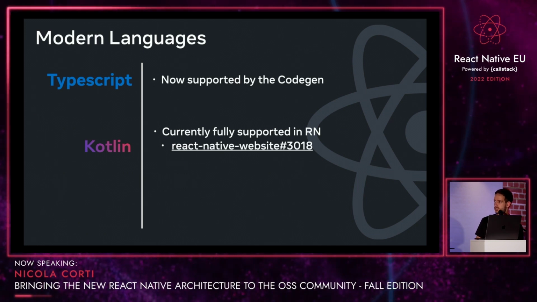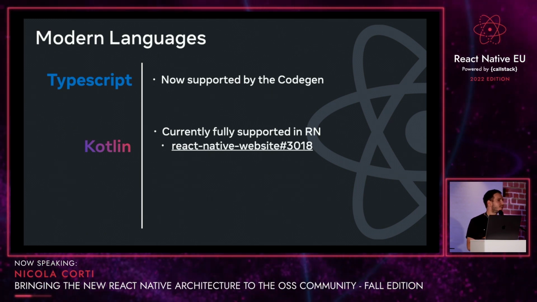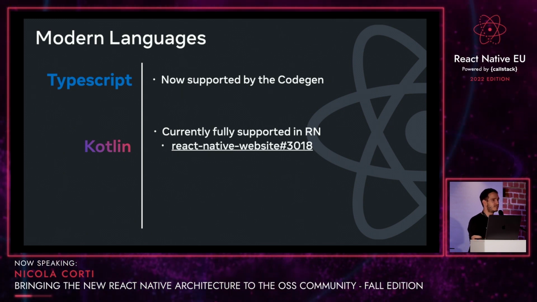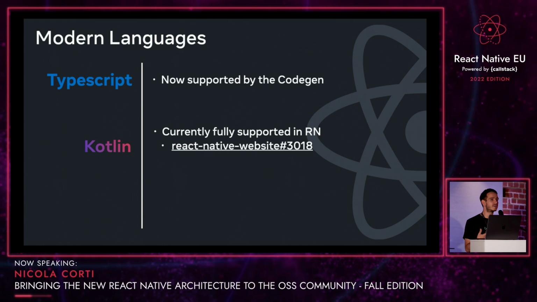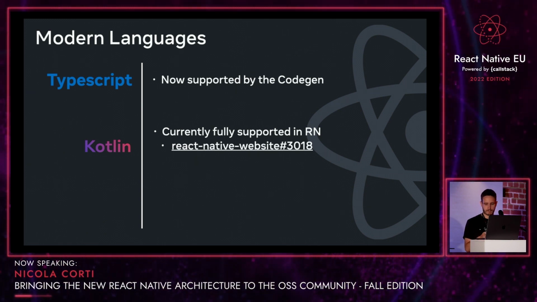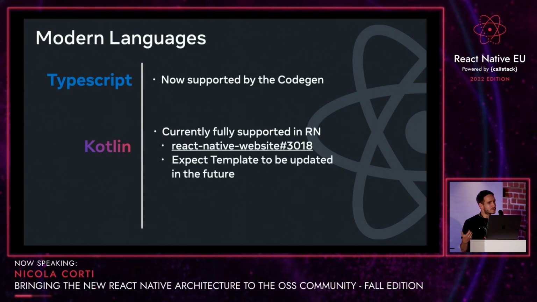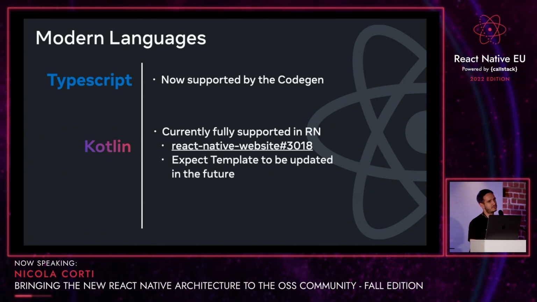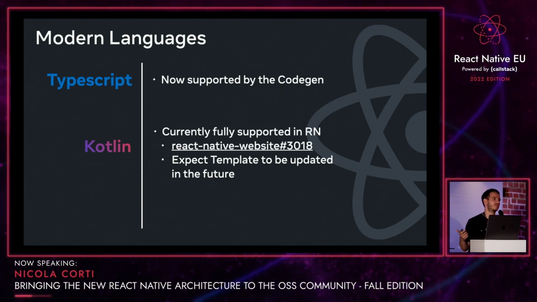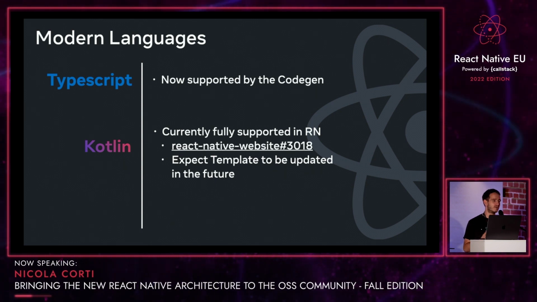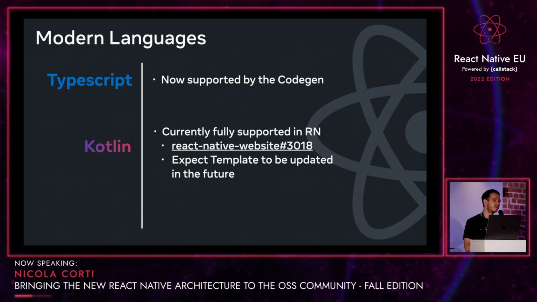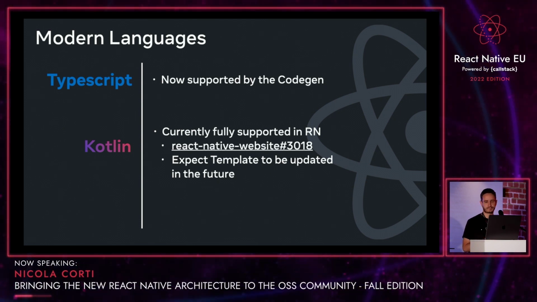Here I linked an issue, which is an umbrella issue where you can contribute and update the last pages which are missing, which don't yet have the Kotlin equivalent for the Java snippets. And you might expect the new app template to be migrated to Kotlin at a point in the future. We don't have a date for this, but the whole Android ecosystem is moving in this direction. It just makes the code smaller, easier to maintain, and so on.